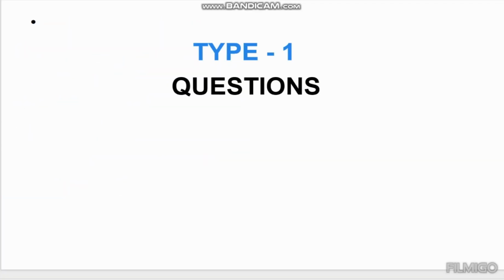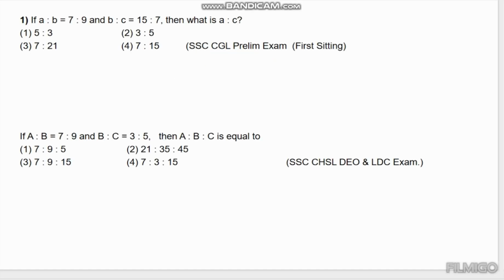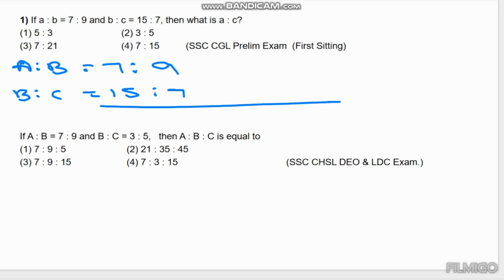Let us go with a few examples and questions which come from previous exam questions. Here given A is to B equal to 7 is to 9, B is to C equal to 15 is to 7. So here the values are different.